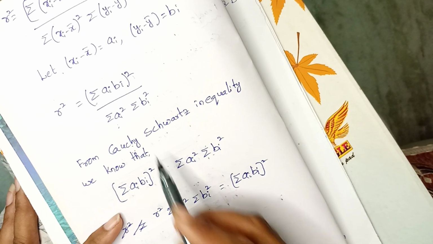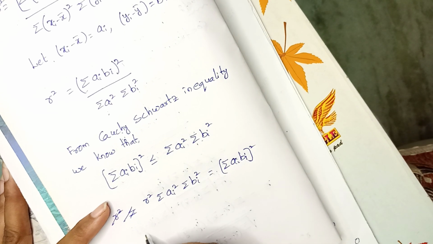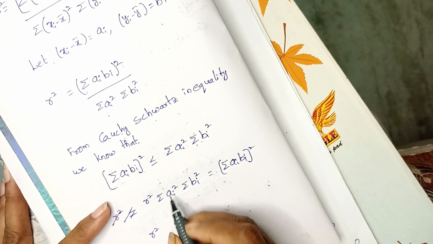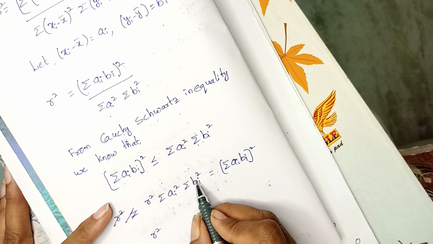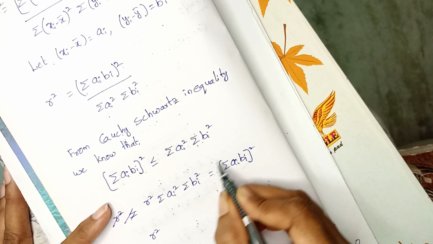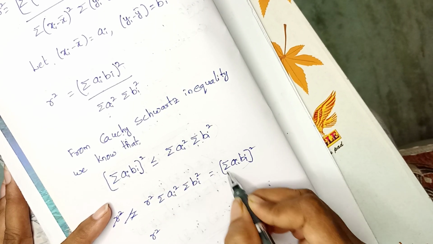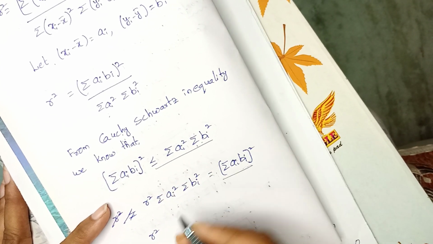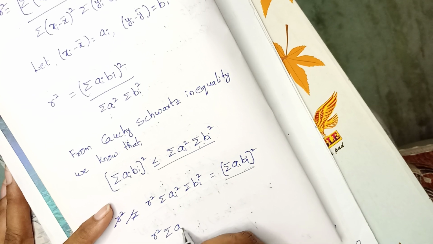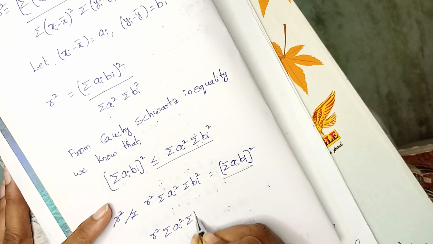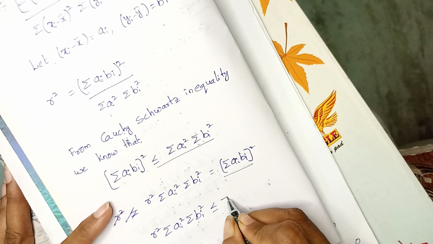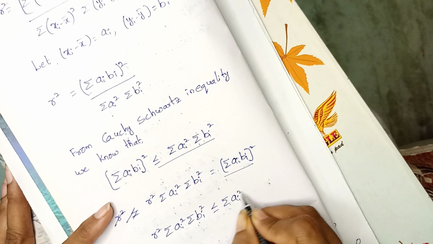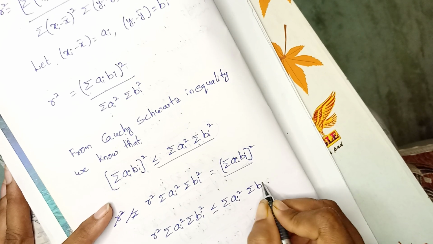Now I substitute in this term: summation ai square summation bi square is less than or equal to summation ai square summation bi square.